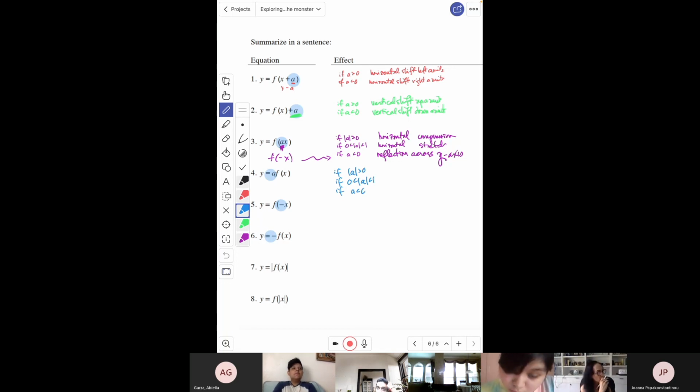What's happening? If A is a positive number, we're impacting the y, so it's going to affect the vertical aspect of the graph. So what is happening? If A is a positive number, it is a vertical what? Can anybody tell me? I'm multiplying my y values by a positive number.